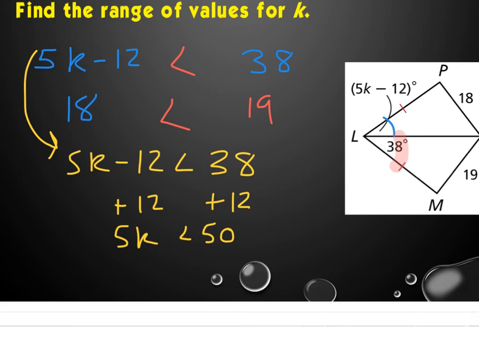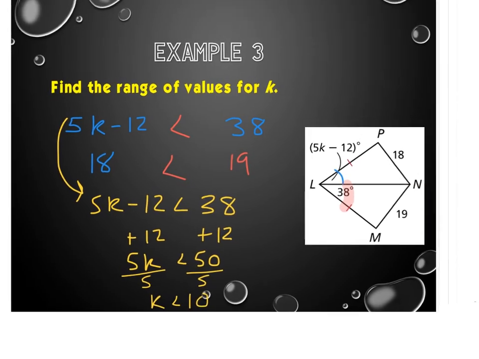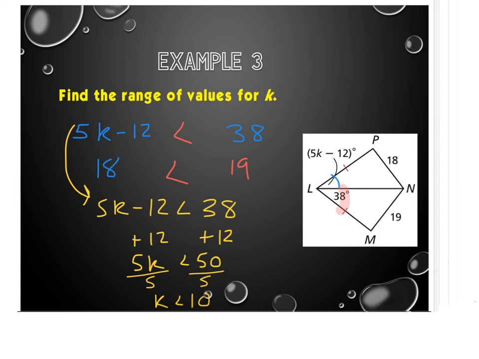And what do we do next? Divide by 5. And we get K is less than 10. Any questions on this one? All right, let's go to example 4.